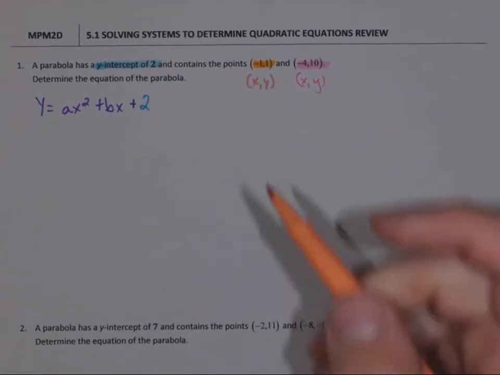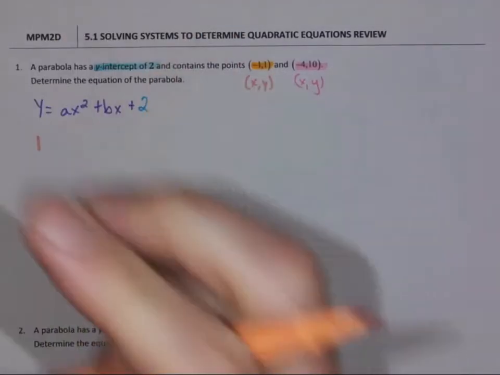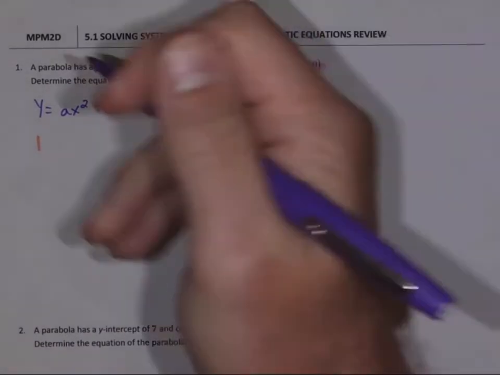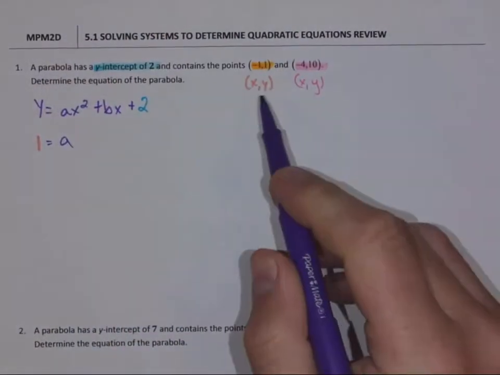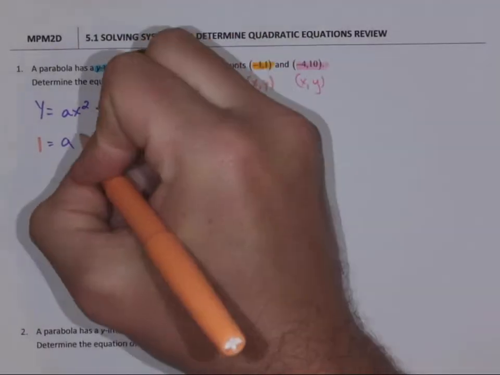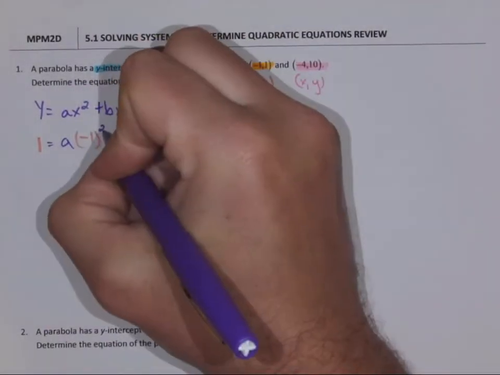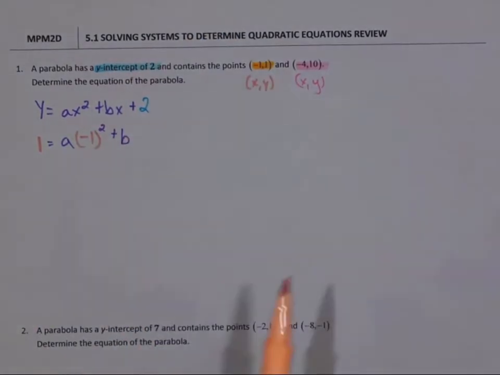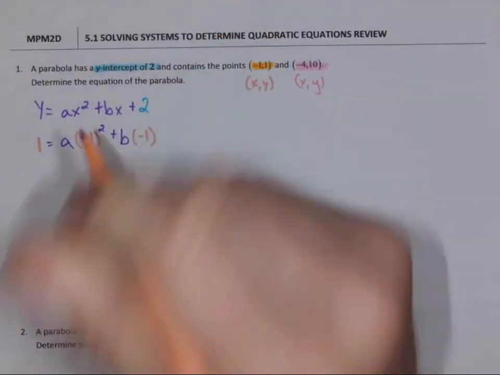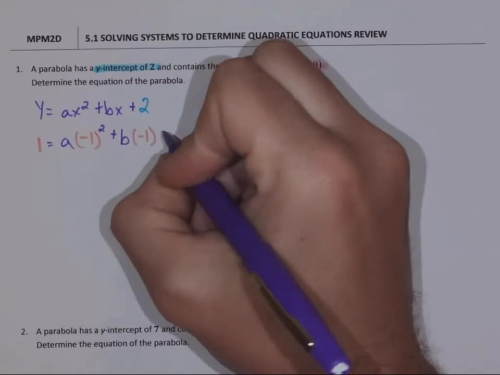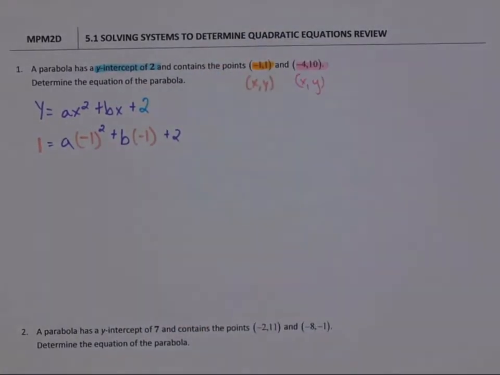For the first one, everywhere we see y, we're going to put 1. Everywhere we see x, we're going to put -1. There's one equation.